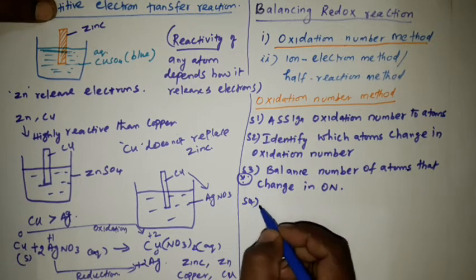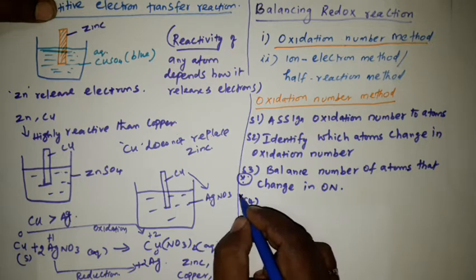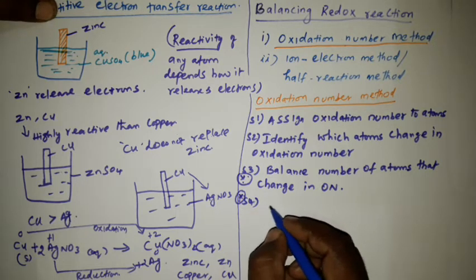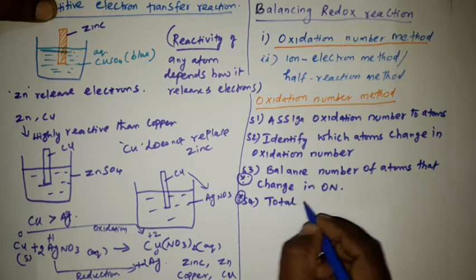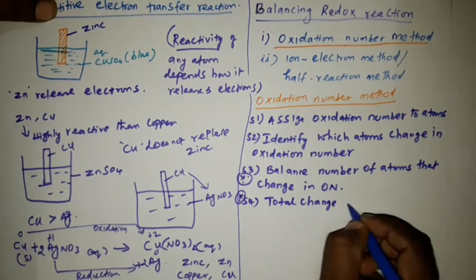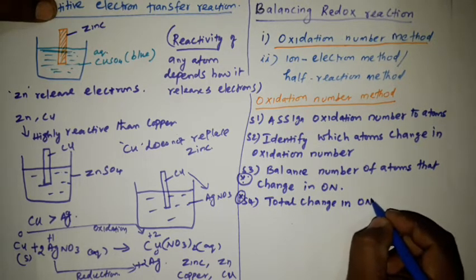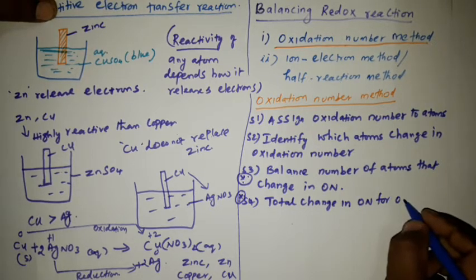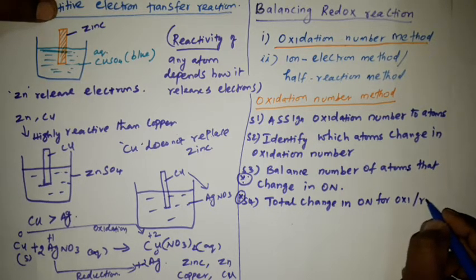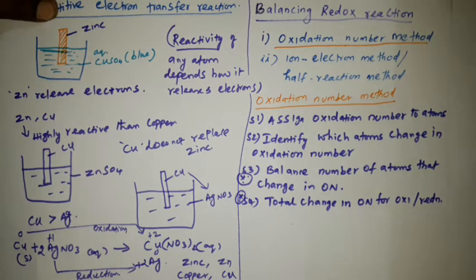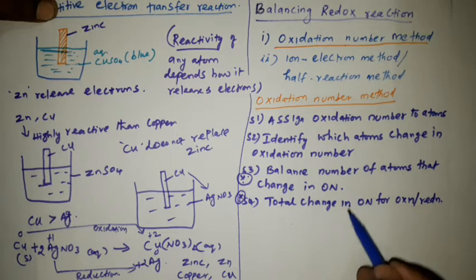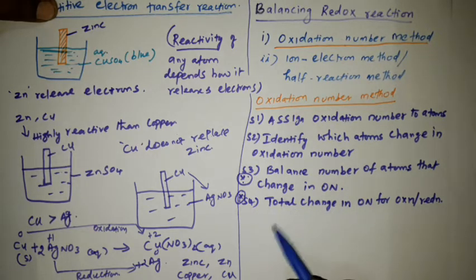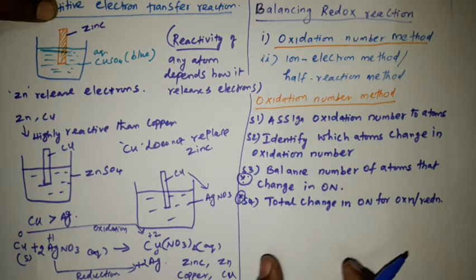In step 4, this is also very important, calculate the total change in oxidation number for the oxidation and reduction. I am writing in shortcut. Don't worry about this, I will explain during the balancing. Just note down the steps.